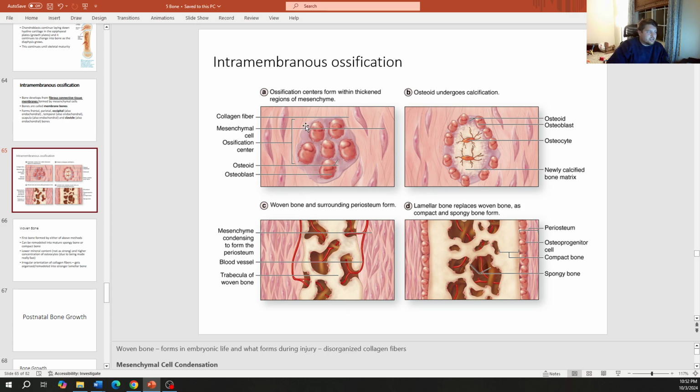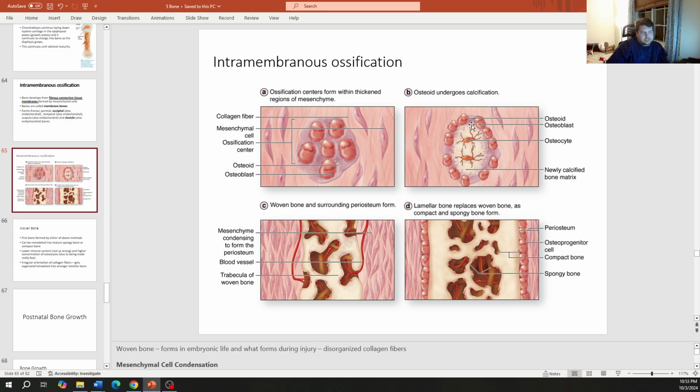and you get this grouping of cells. You get a grouping of the osteoblast cells. And when this group forms, that becomes an ossification center. There really isn't a primary ossification center in intramembranous. It kind of just happens all over the place all at once, where the osteoblasts start laying down osteoid.